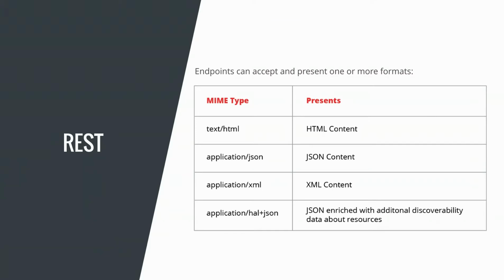A couple others that we're going to be interacting with are application/JSON, which is just a JSON representation of the node. XML is another way we can output it. And there's this one called HAL plus JSON, which is basically JSON with some additional metadata for discovery purposes on the node, stuff like URLs for any relations that are contained within the node. And we'll take a look at that later on.